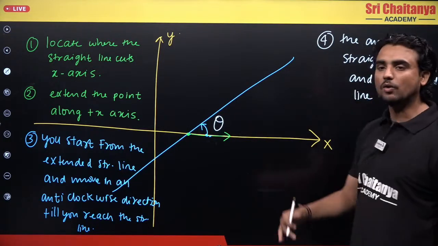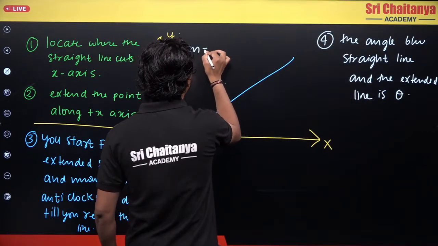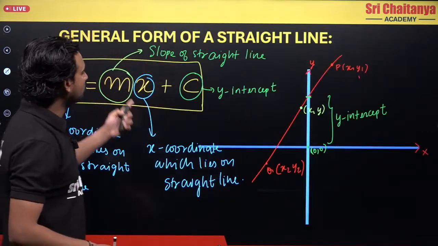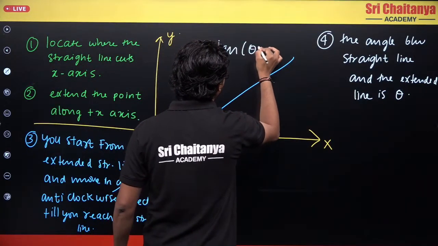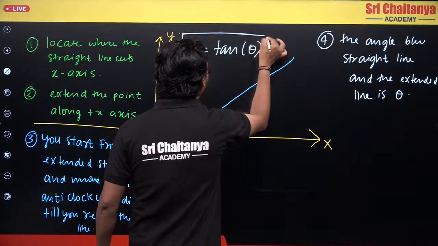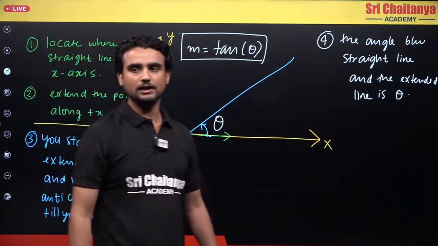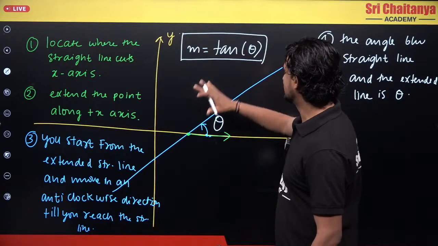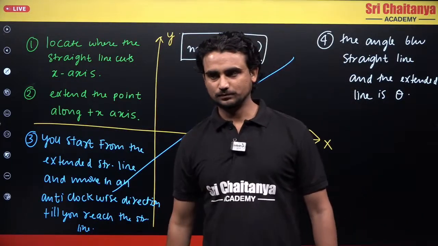Now what is slope? I told you m is the slope. And m is the tangent of theta. So this is how you find the slope. To find the slope of a straight line, you have to do this exercise.